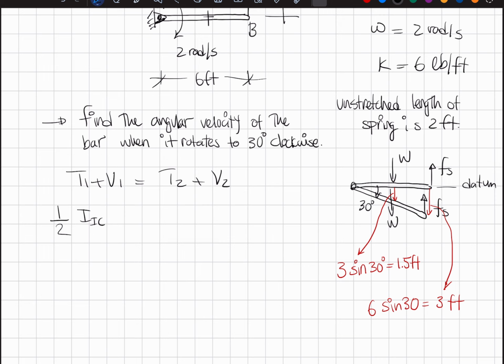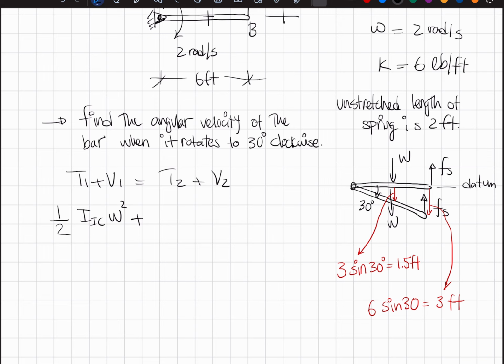mass moment of inertia around instantaneous center, omega squared. That is the initial omega that's given to us, the 2 radians per second, plus we have the initial stretch of the spring.